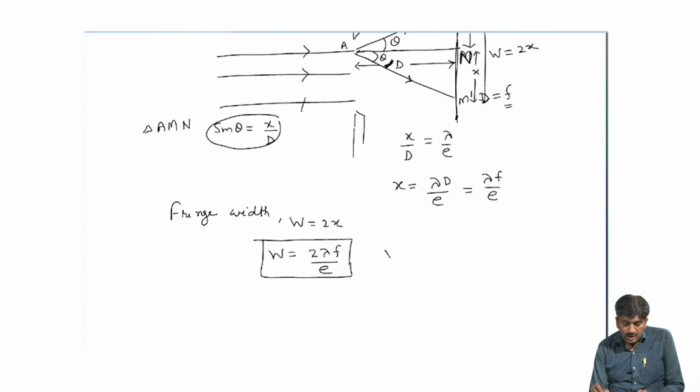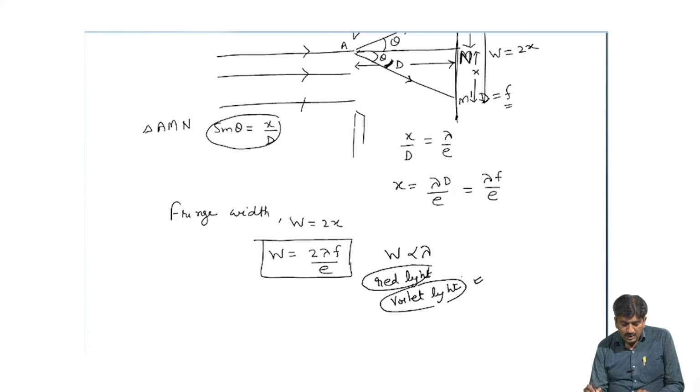and from this equation we can conclude that the width of the central maximum is directly proportional to the wavelength. Therefore, as the wavelength of red light is more than violet light, the width of the central maxima for red light will be more than violet light.